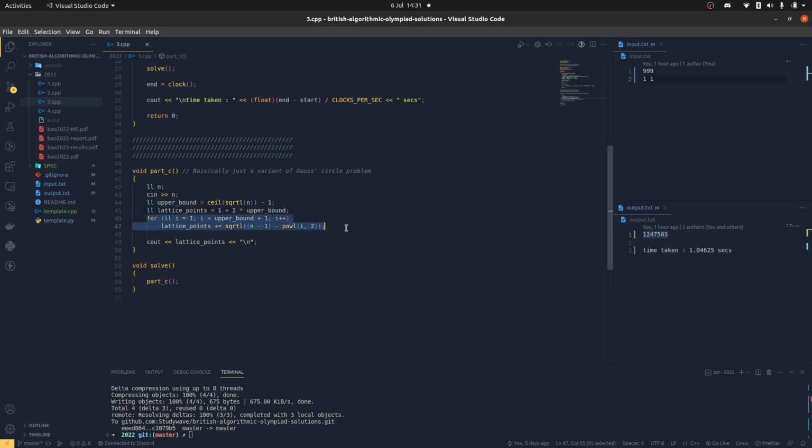And then this for loop is doing the thing that I told you with the heights. It's iterating through every single height of a radius that is slightly less than the actual radius. So this is what I was telling you before. n is the radius squared, and we're minusing 1 to find the radius that is slightly less than the actual radius, because remember, it's a strict inequality sign.